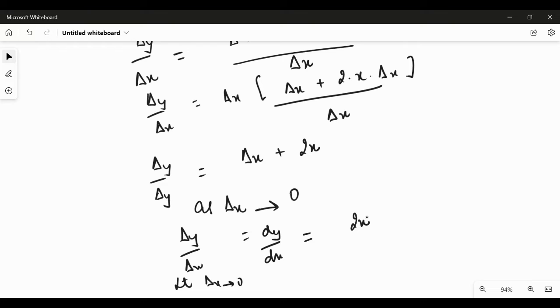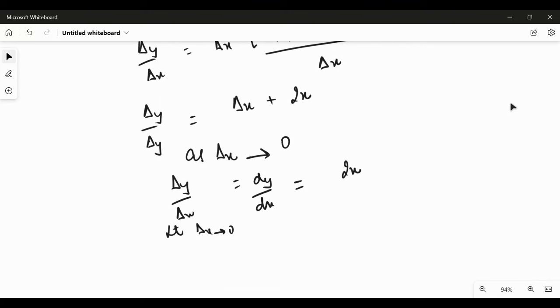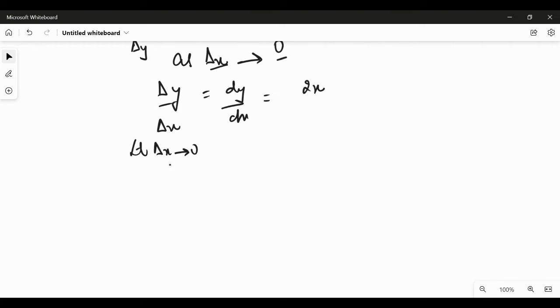I will get 2x, because delta x approaches towards 0, so obviously the value will become 0. So we can write here that the derivative of x square is 2x. So this is the way through which we are able to get the derivative with the help of first principle. I hope the concept is clear. Thank you.